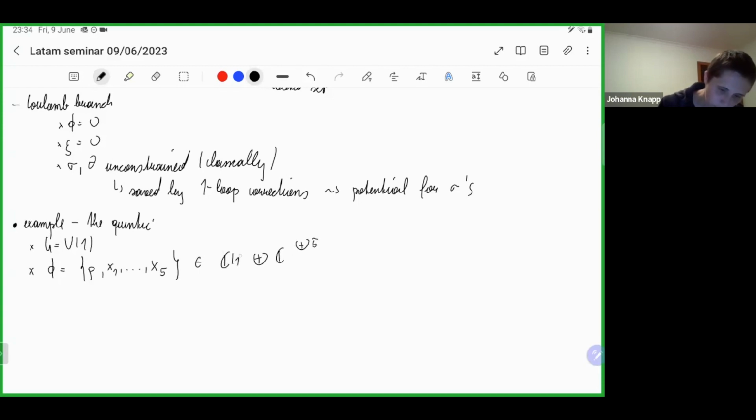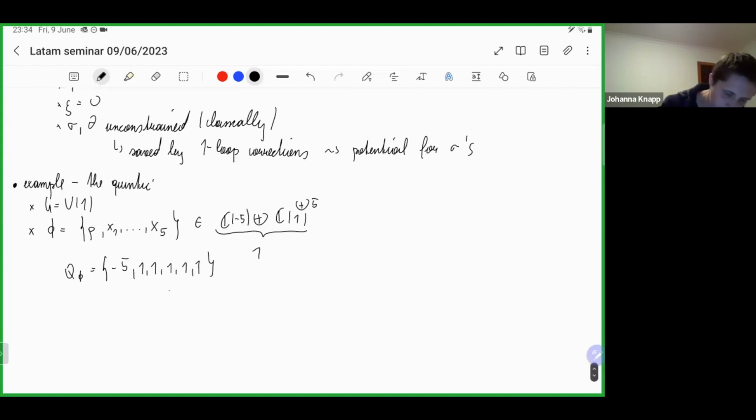And typically one writes how they transform under the gauge transformation here in parentheses. So in other words, the gauge charges associated to the phi's will be -5 for the P field, and 1, 1, 1, 1, 1 for the X fields. So that just means that x1 goes to lambda to the 1 times x1.